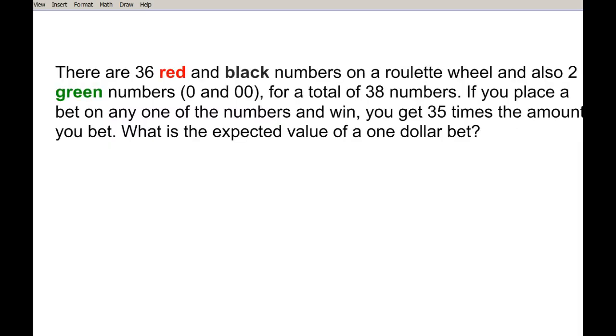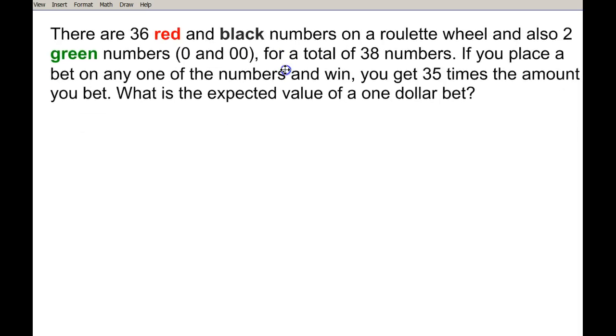So this is actually a real casino game. On roulette, there are 36 numbers, 18 red, 18 black, and then 2 green numbers. And if you place a $1 bet, you get $35 in return. So whatever you bet, you get 35 times the amount you bet back. So what is the expected value of a $1 bet?